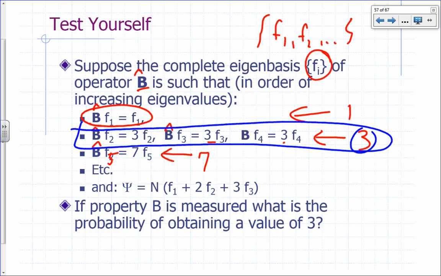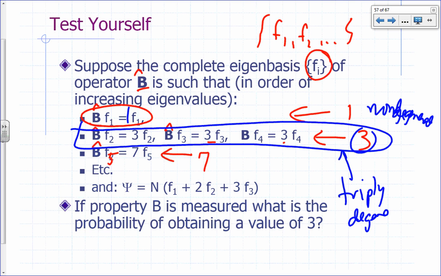And there's only one that has an eigenvalue of 1, right? So we say this is non-degenerate. We say this is triply degenerate. There are 3 linearly independent functions that have the same eigenvalue. What about this one? This is non-degenerate.